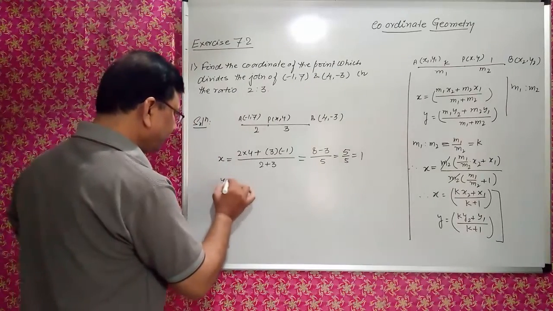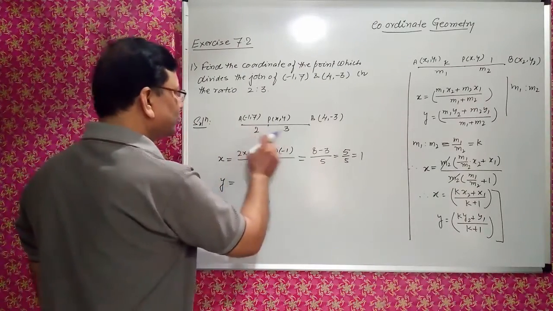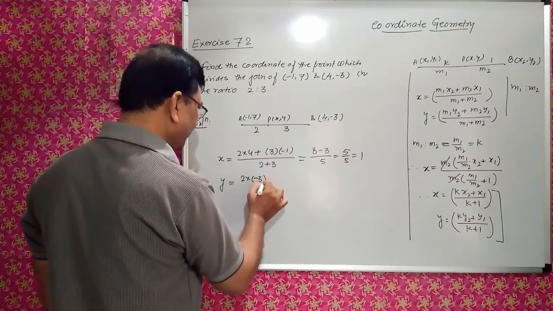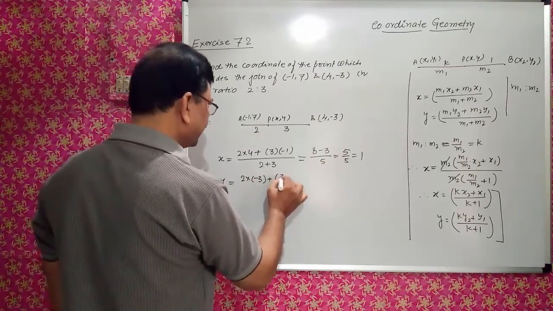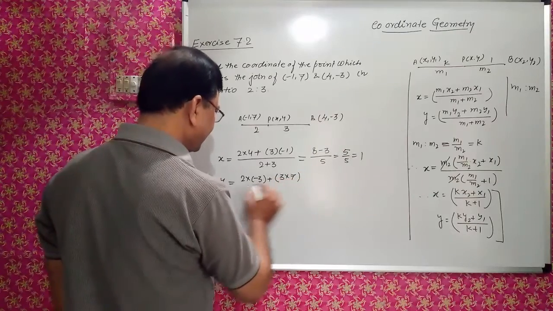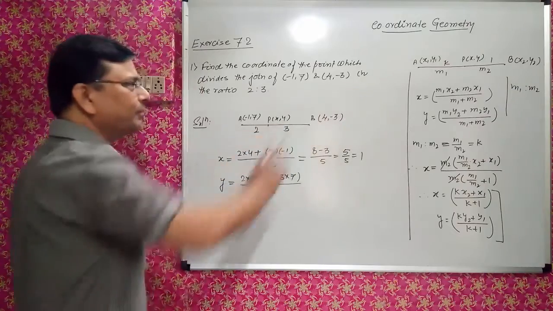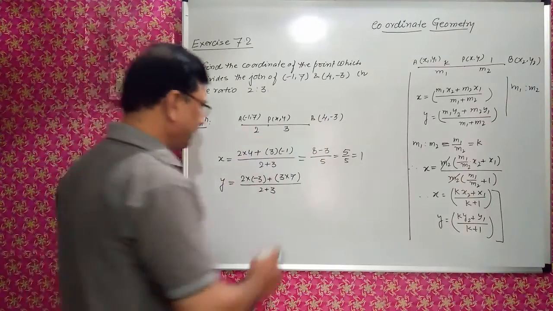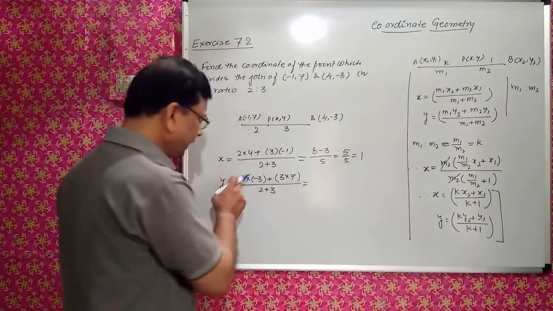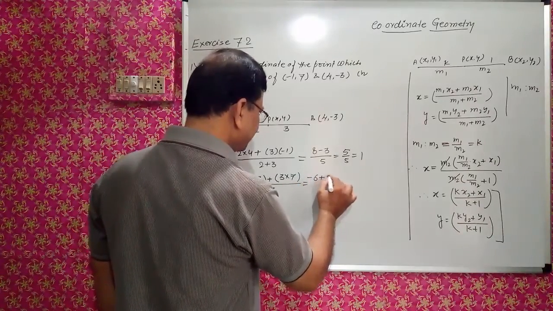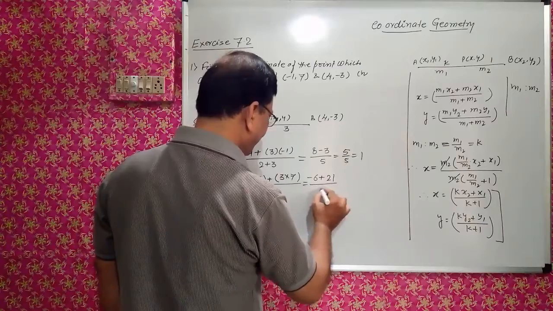Similarly, we will find the y coordinate, that is (2 into minus 3 plus 3 into 7) upon (2 plus 3), that is (m1 plus m2). Simplify this: 2 into minus 3 is minus 6, plus 3 into 7 is 21, upon 5.